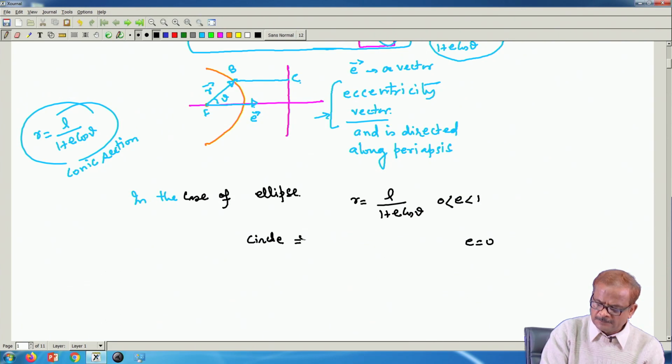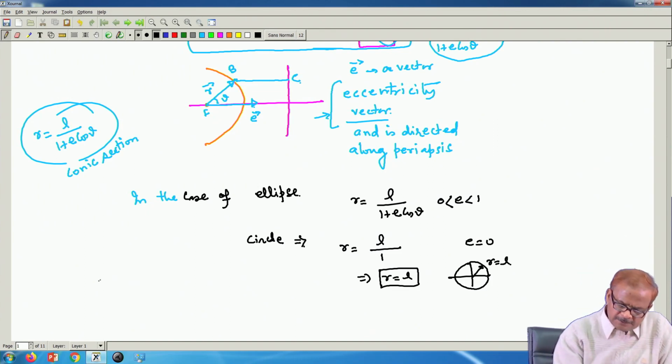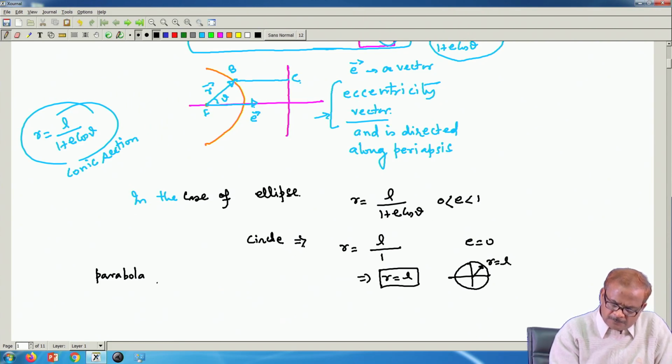So, for the circle R equals L by 1, which implies R equals L. So, that happens in the case of the circle, that your radius of the circle is constant, R equals L. On the other hand, for the parabola, E equals 1, and so this implies that R will be L by 1 plus cos theta.